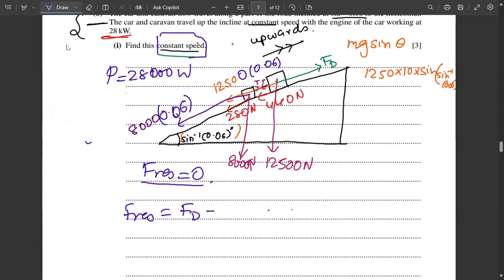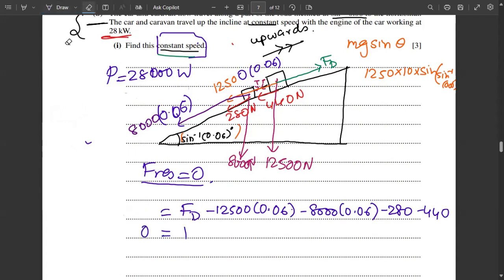So resultant force equals driving force minus 12500 times 0.06 minus 8,000 times 0.06 minus 280 minus 440. That is all the forces on the free body diagram. F resultant is 0, so instead of F resultant I can write 0 here.